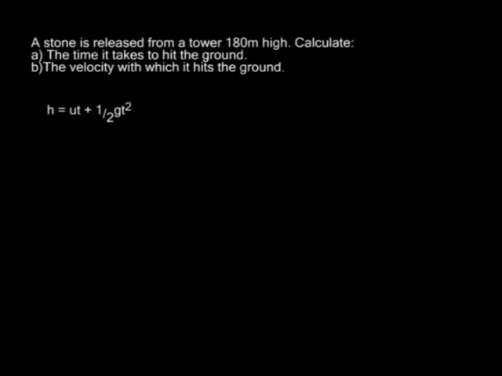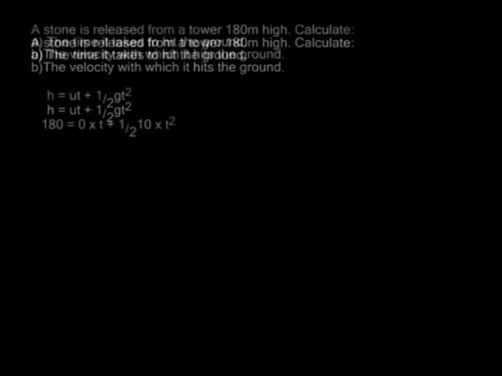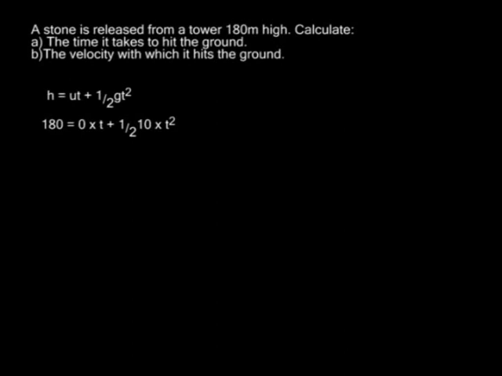We have u, the initial velocity, because it is free fall, and this applies for all free falling objects: the initial velocity is always 0. We have h, which is the height, 180 meters. We've been given to take g as 10 meters per second squared. So we shall have 180 is equal to 0 times t plus a half times 10 times t squared. So 5t squared is equal to 180. t squared is equal to 36 and t is 6 seconds.